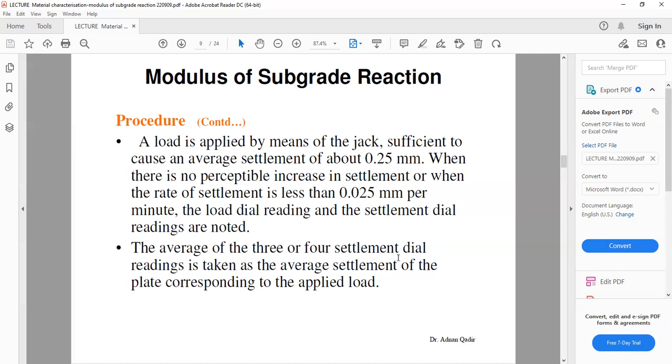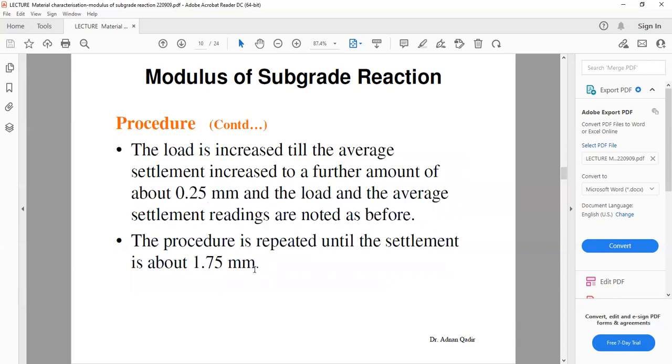Then the average of the 3 or 4 dial settlement readings is taken as the average settlement of the plate corresponding to the applied load. Now we keep increasing the load at each 0.25 mm with the same rate and noting down, and we finish this test at 1.75 millimeters.